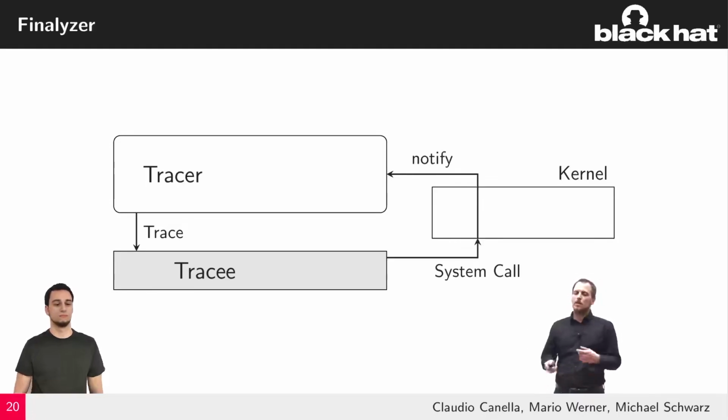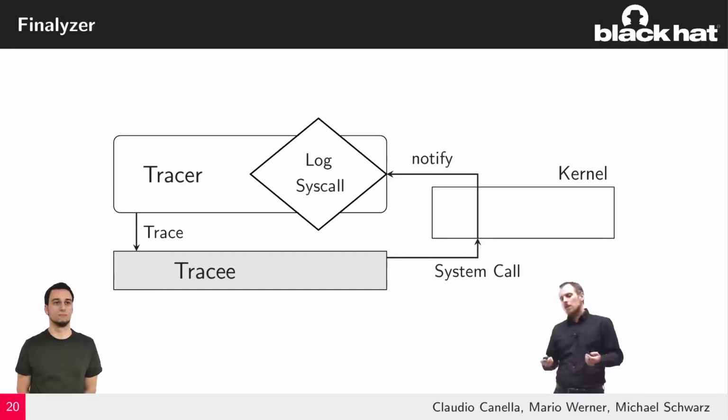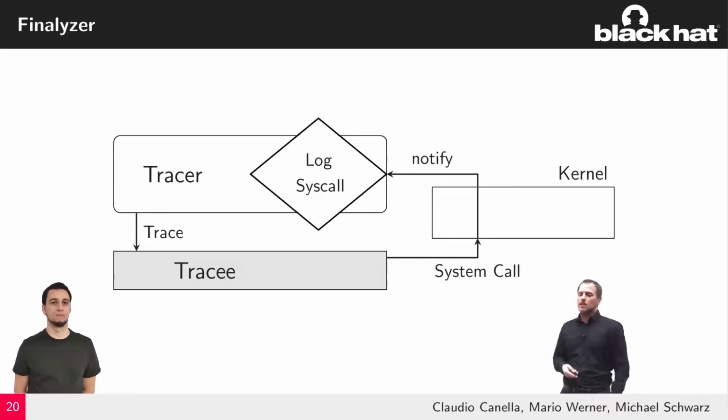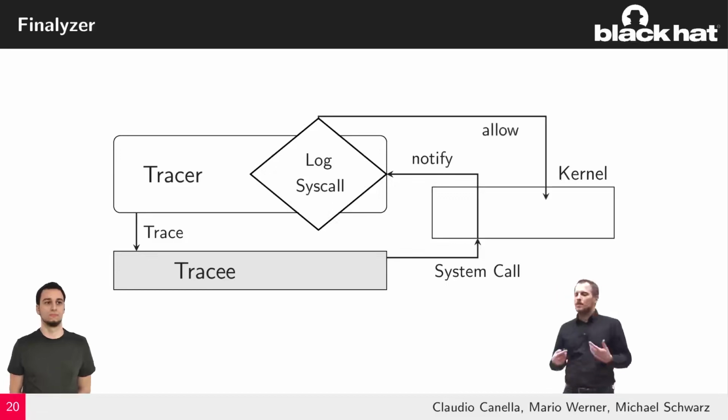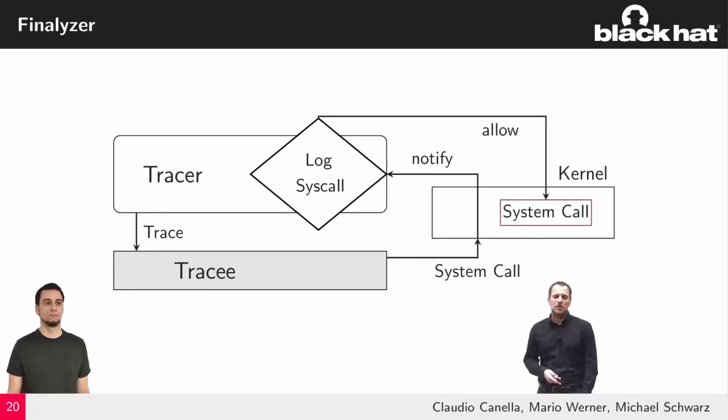Here we can log the syscall, we can theoretically decide if it's okay to do it or not, or simply take notes and log that the syscall took place and use that information for further refinement later on. Afterwards, the tracer, the monitoring component, returns to the kernel and says, okay, the application is allowed to do this syscall, and then the kernel performs the actual operation.